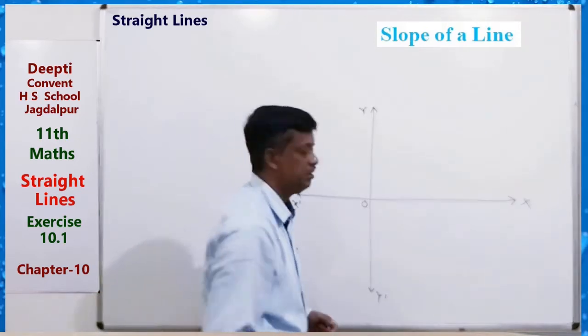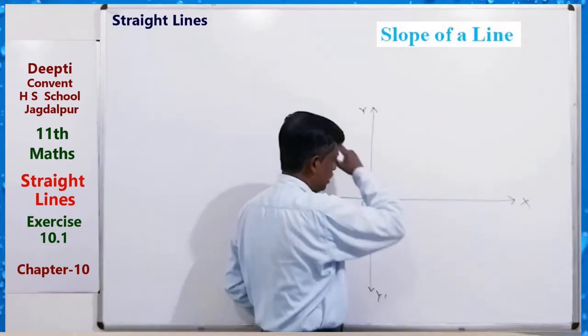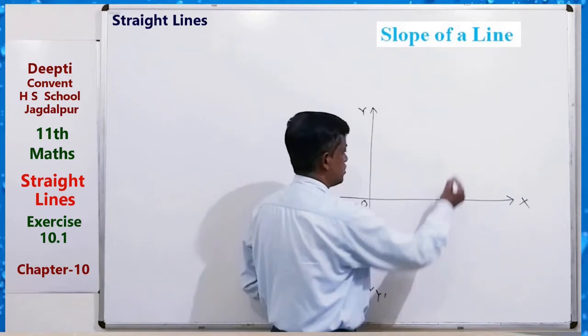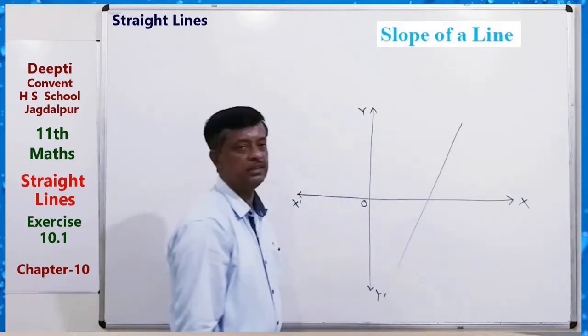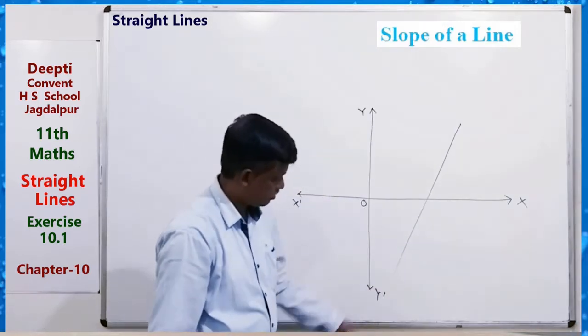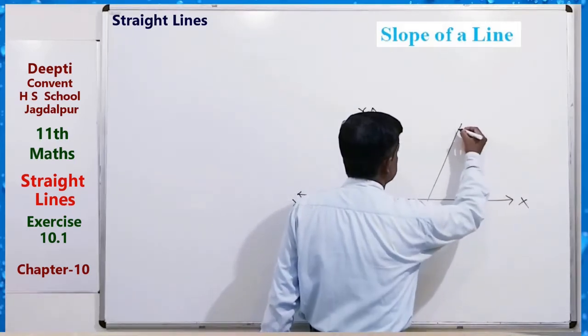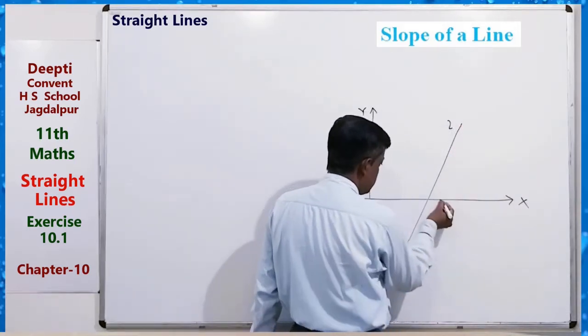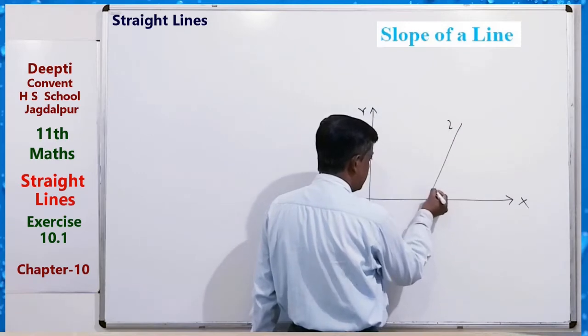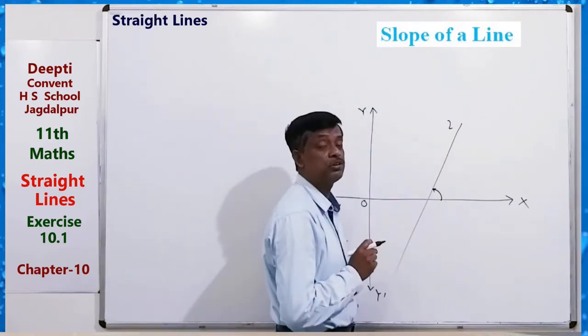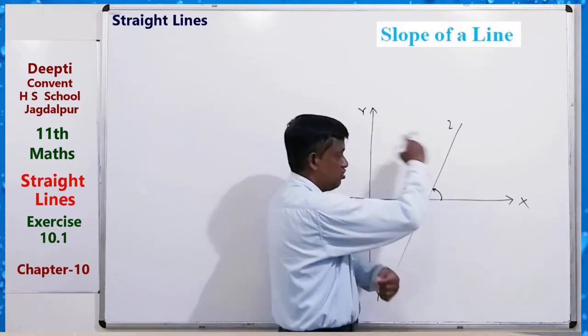This is our two-dimensional plane. Now we have a line. You can draw it like this. Suppose this is the line, also intersecting the y-axis. This is line L. Now this line makes an angle with the positive direction of the x-axis, in the anti-clockwise direction.